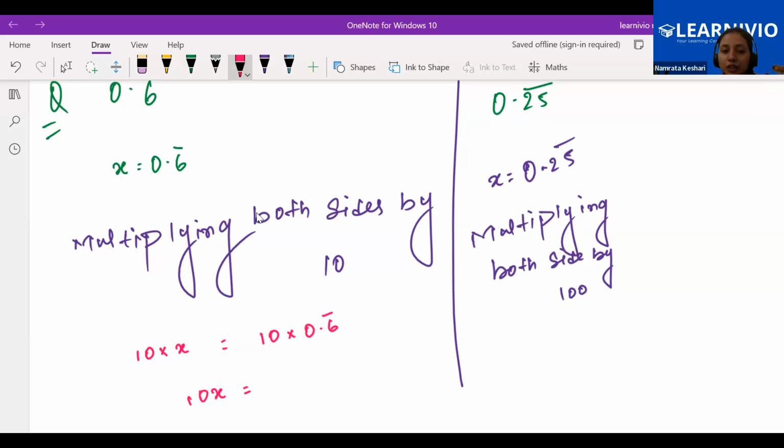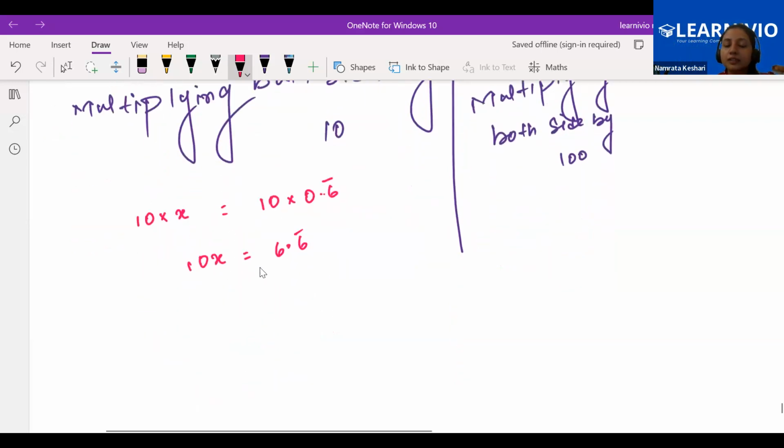What to write over here on the right hand side? 6.6 bar. Ayan, do you understand that when you multiply it by 10, one 6 will come before the decimal and the rest 6 will continue the pattern? Getting it? Okay. So 10x is equal to 6.6 bar we are having.